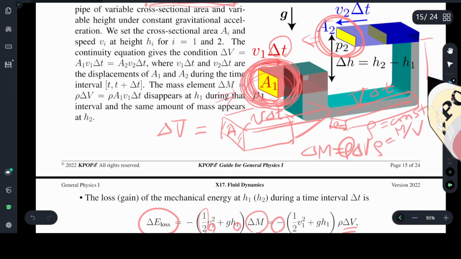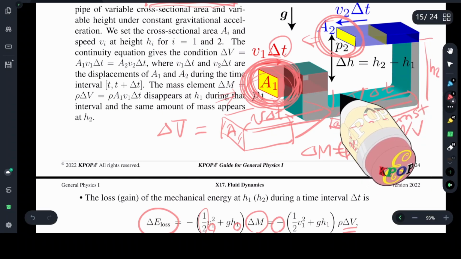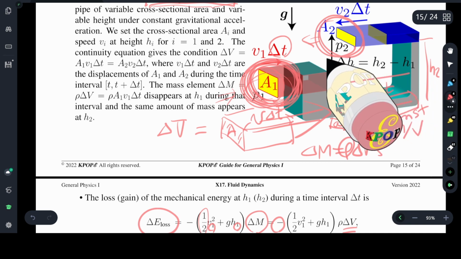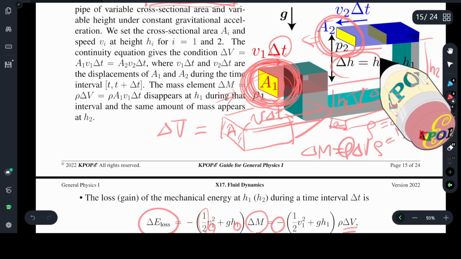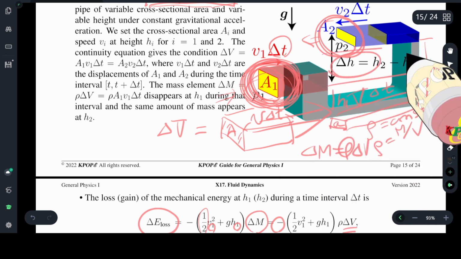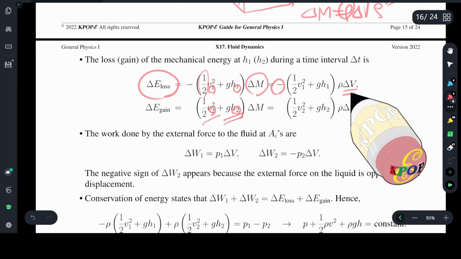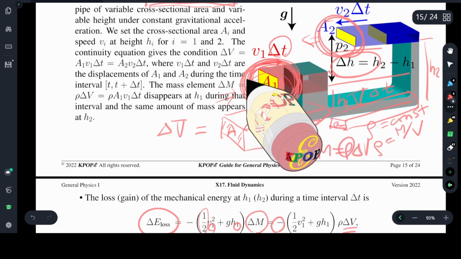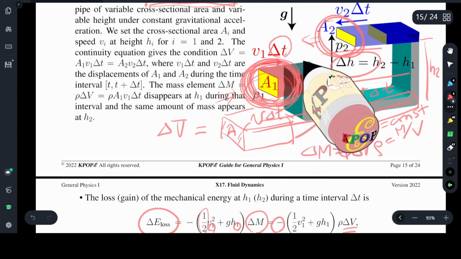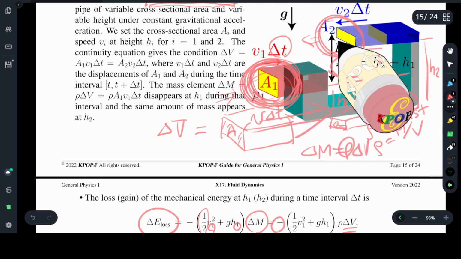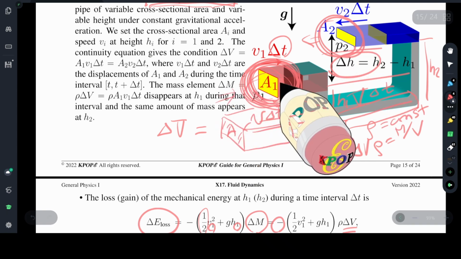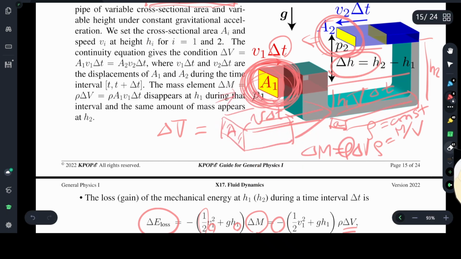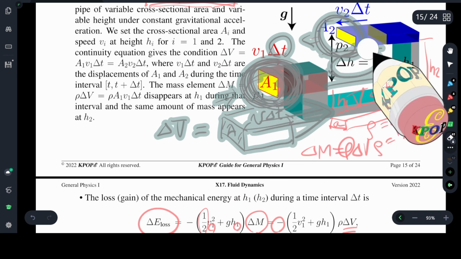So this is h2 and h1, and there will be a shift with delta h, that is h2 minus h1. In addition, this is just the added lost energy and gain, but there is another, because they are in equilibrium with the outside. Outside has some pressure.